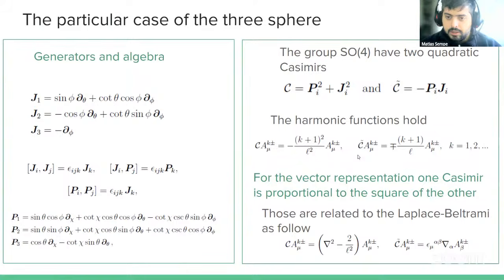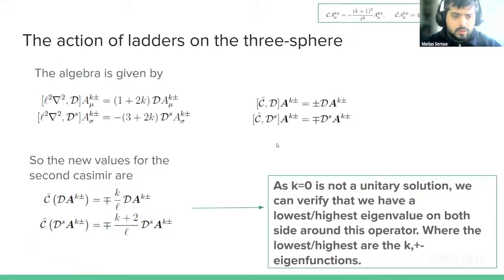Later, in the next slide or a little bit more later, we'll talk about what A^k_μ plus minus are. So we have what we did before. Here is a reminder.